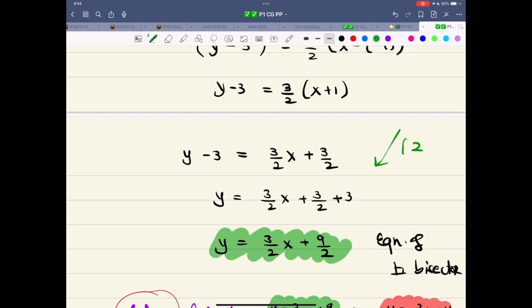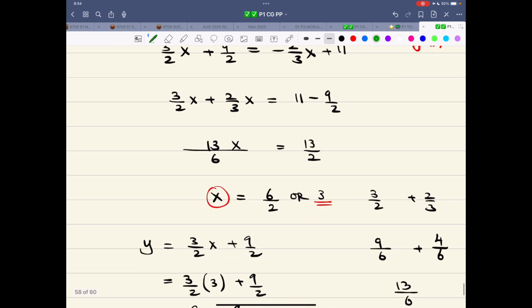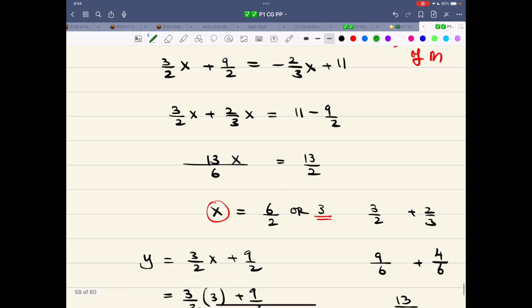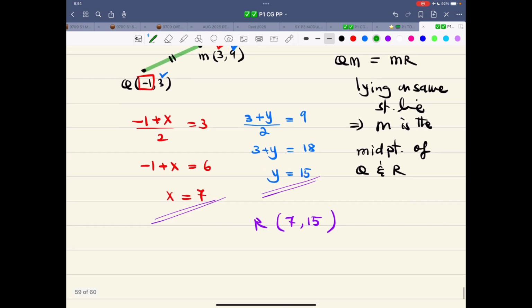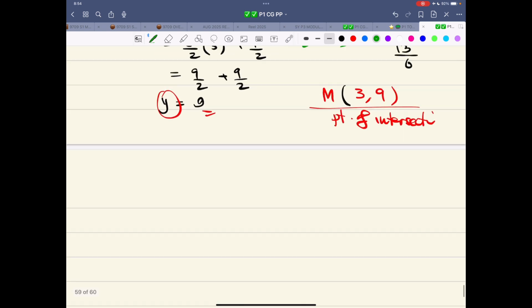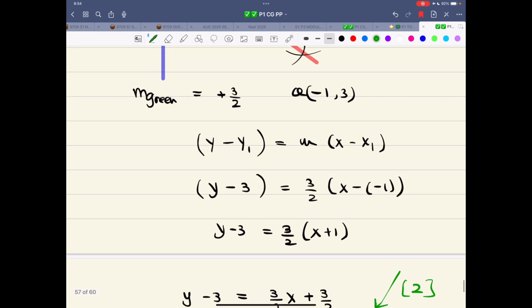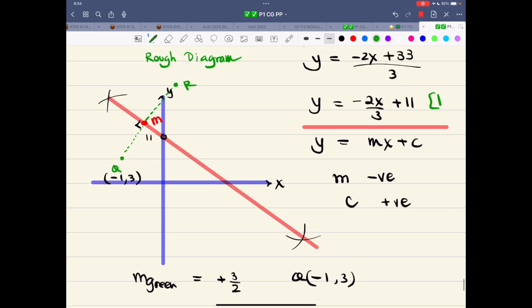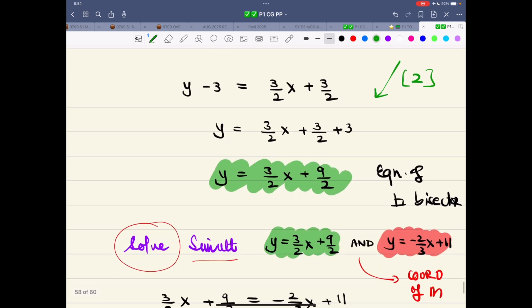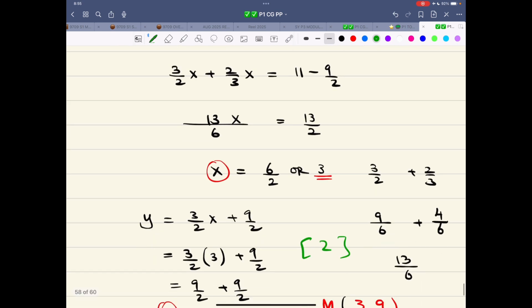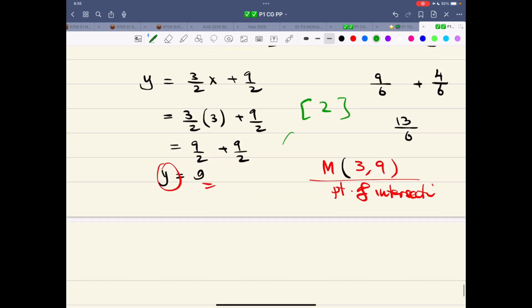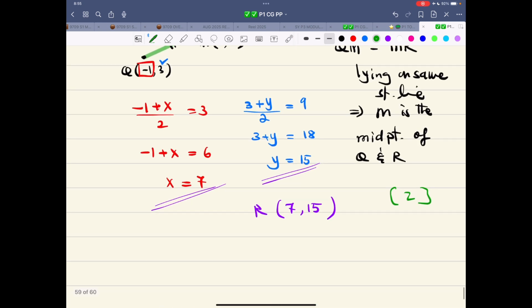Let's say I associate 2 marks with this, and 2 marks for finding the point of intersection, and then 2 marks for this, and 1 missing mark I can adjust somewhere over here, maybe 1 mark for this, and then 2 marks for finding the equation of the perpendicular bisector, and then 2 marks for finding this point of intersection, and 1 mark maybe for finding this formula.